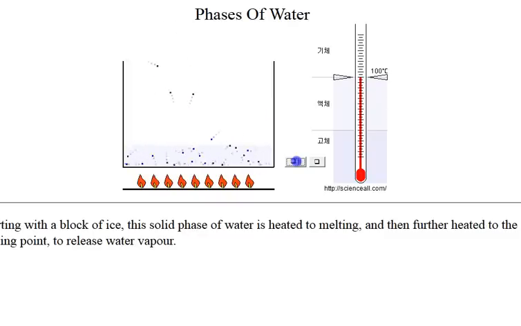Notice while the boiling is happening, the temperature remains constant at 100 degrees Celsius. All the energy being absorbed by the liquid water is being used to accelerate the molecules out of the liquid phase and into the gas phase. Once all the molecules have turned into a gas, the temperature can again rise.